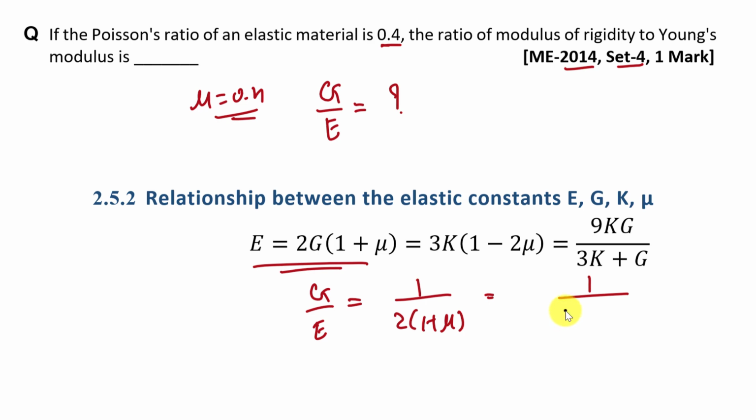So it will be 1 upon 2 into bracket 1 plus 0.4. If you calculate this, then you will get the value 0.357. And in this question you have to write 0.357. Fine. And this question is for 1 mark.